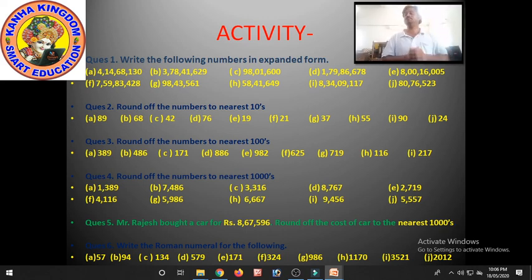Correct, it is M. So M plus M equals MM, plus 10. 10 means X, and 2 means II. So the correct answer is MMXII. Hope you all understand these types of questions and solve them in a very easy manner. Okay, bye.